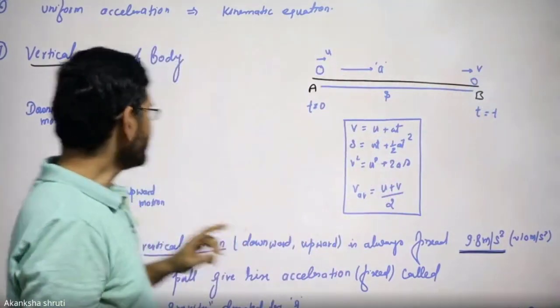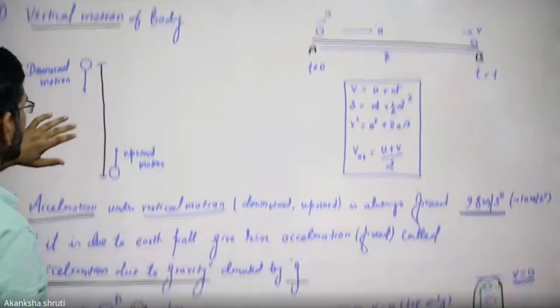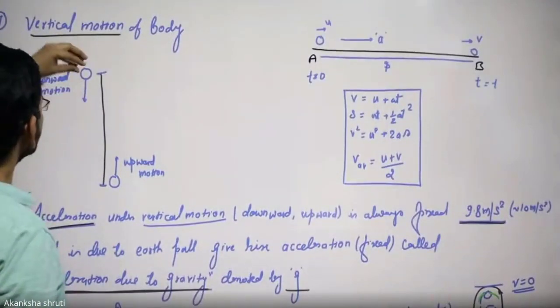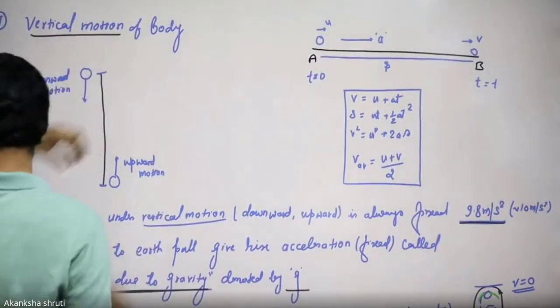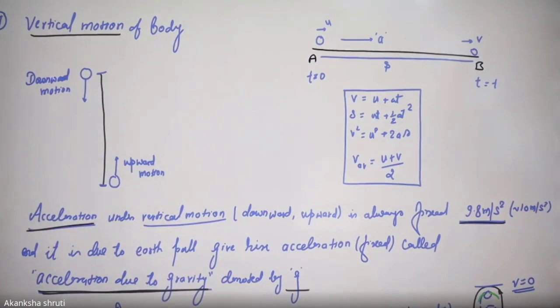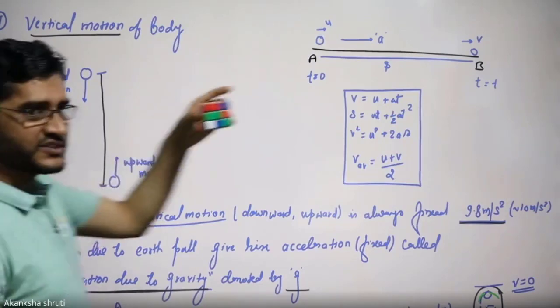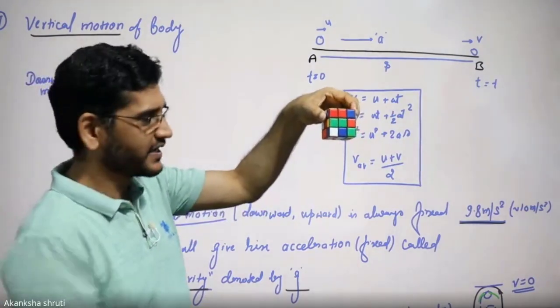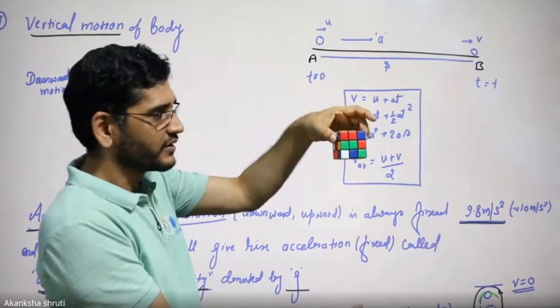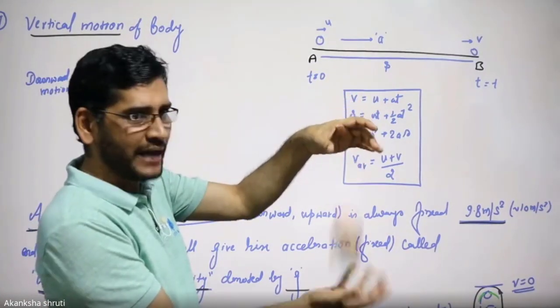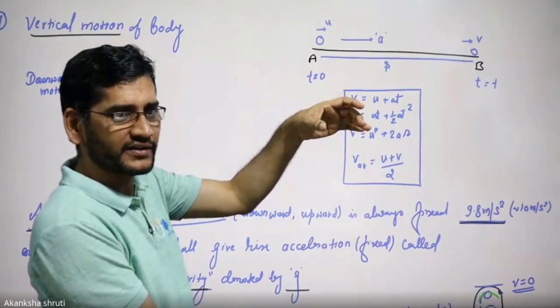But if we come across the vertical motion, in that case either the body is released from a certain height. Say I have something in my hand and I just release it, it falls downward.